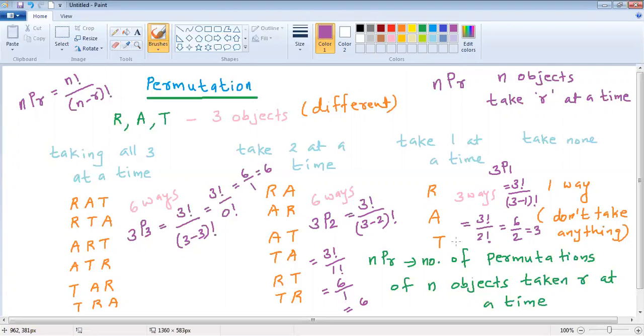So there are 3 ways you can arrange it if you take 1 at a time. We already know that, but here from the formula you directly got the answer.